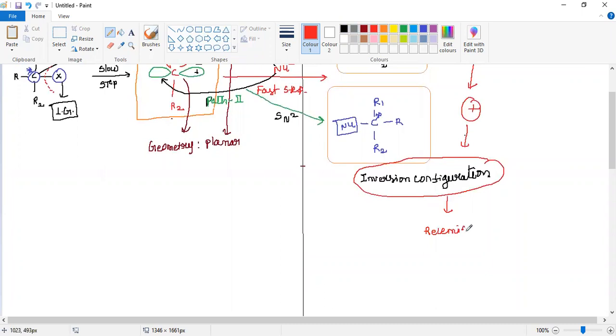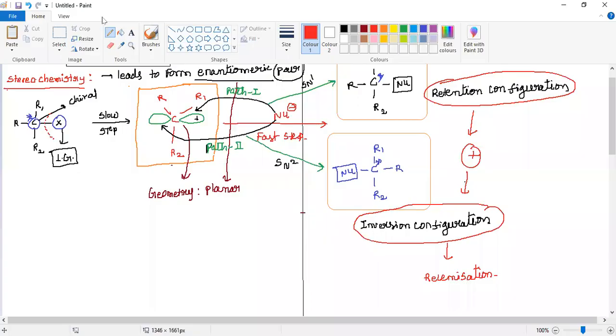Racemization. సో racemization ఎలా ఫామ్ అయింది అంటే, it is a mixture, ఏంటి beta, అది retention is followed through SN1 and inversion is followed through SN2. ఈ mixture ని మనం ఏమంటాం, racemization అంటాం, ఇజంట్ ఇట్ నా? సో ఇది ఎలా ఫామ్ అయింది? ఇది with the help of that chiral carbon ఉండడం వల్లనే కదా.